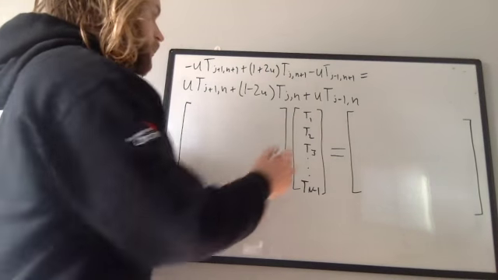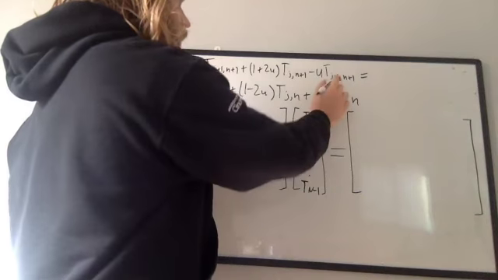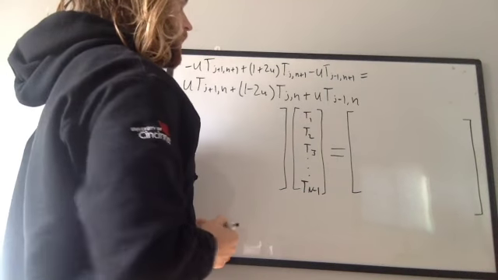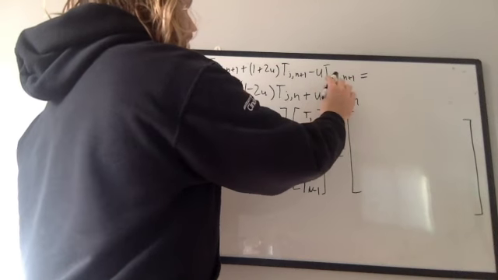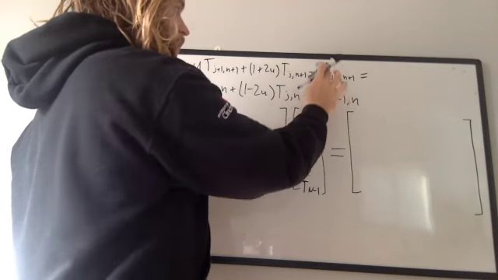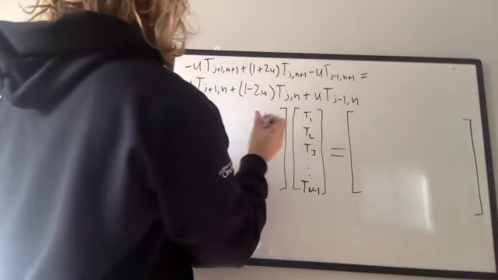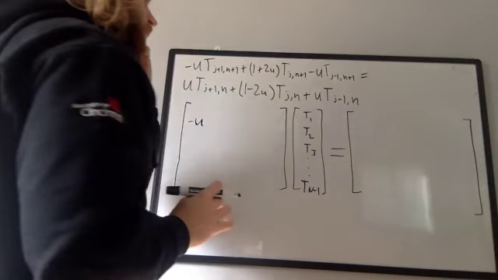So here we have T2, and we plug that 2 in for J, right? So you get 2 minus 1 when you plug this in for here, and that gives you 1. And outside you have this negative U out front. So in the first column, you would put negative U for T2.